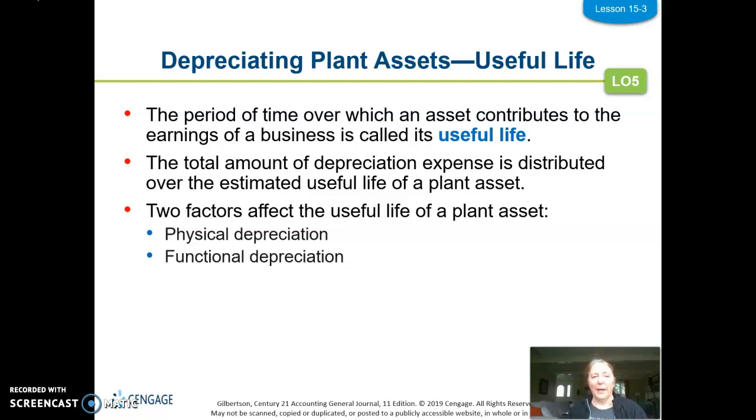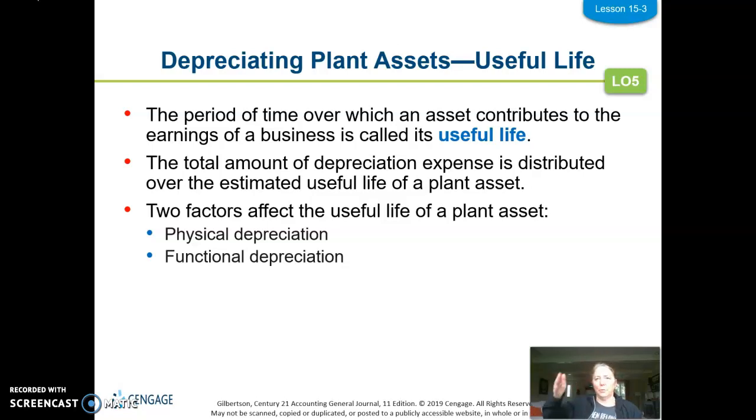And then the final factor that we look at is useful life. And this is also a judgment call, but it's with our eyes wide open we can make that judgment. So it's the period of time which we think the asset's going to contribute to us earning revenue. And our total amount of depreciation expense is going to be distributed over that estimated useful life.